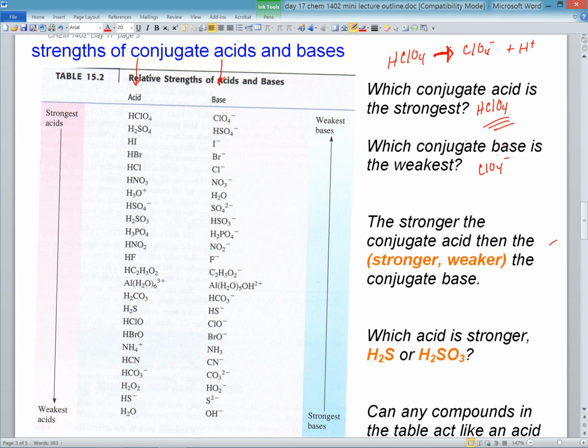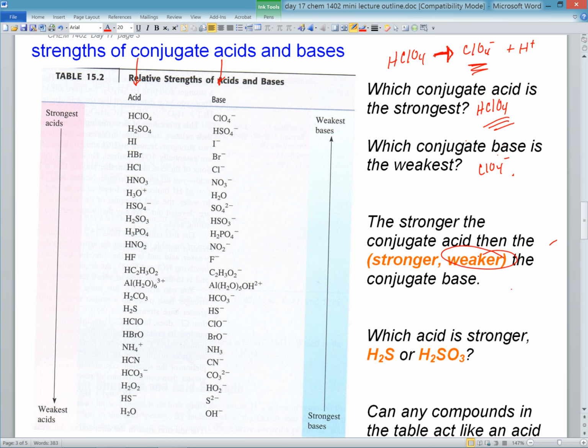Well, that means that perchlorate must be extremely weak. He's such a weak base, right? Because he's the conjugate base of the strong acid. He's such a weak base, he can't grab a proton and go back. Extremely weak. So maybe it seems to you, Jasmine, the stronger the conjugate acid, then the weaker the conjugate base.